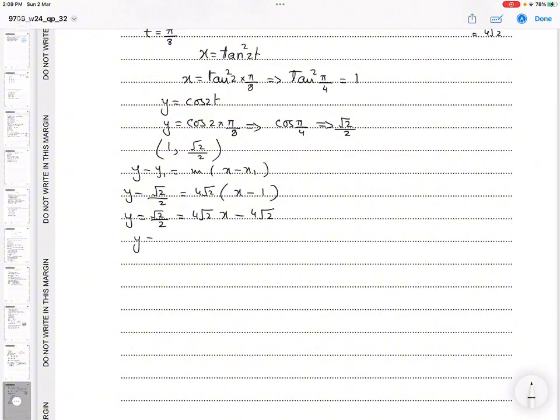So your y is equal to 4 root 2 x minus 4 root 2 plus root 2 over 2. So y equals 4 root 2 x minus 8 root 2 plus root 2 over 2. So y is equal to 4 root 2 x minus 7 root 2 over 2. This is your final answer.